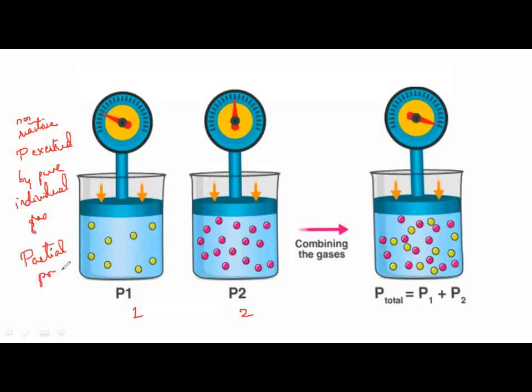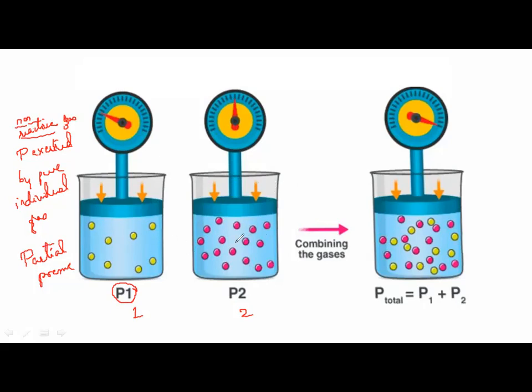So P1 is the partial pressure with respect to gas 1, and P2 is the partial pressure with respect to gas 2. What Dalton's law says is, when you take two or more non-reactive gases, they shouldn't react with one another and form a new chemical compound.